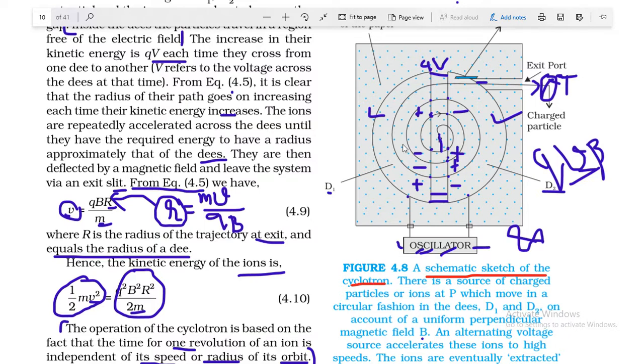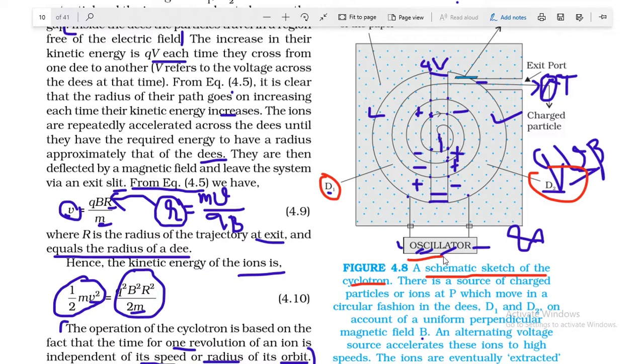In this you can see these two are hollow metallic semicircular shapes, known as D1 and D2 because their shape is like D. So this one is known as D1, and similarly this one also has a shape like D, so this one is considered D2. These two together are known as D's. Any one of them can be taken as D1, and the second one is D2.